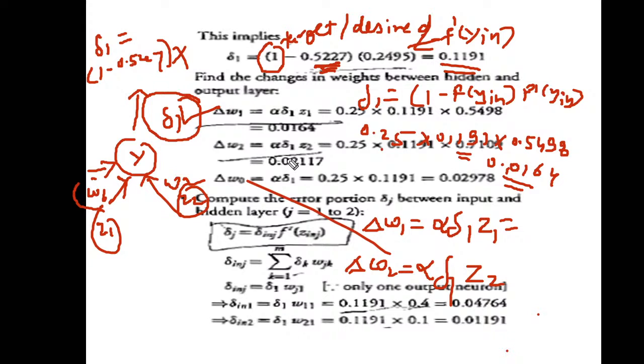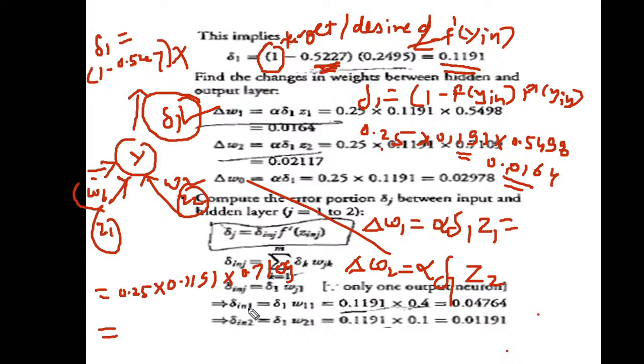Similarly, W2, if we see here, W2 is what? Alpha delta 1 Z2, so 0.25. So delta W2 will be what? Alpha, that is 0.25 multiplied by delta 1, which is 0.1191, multiplied by 0.7109.